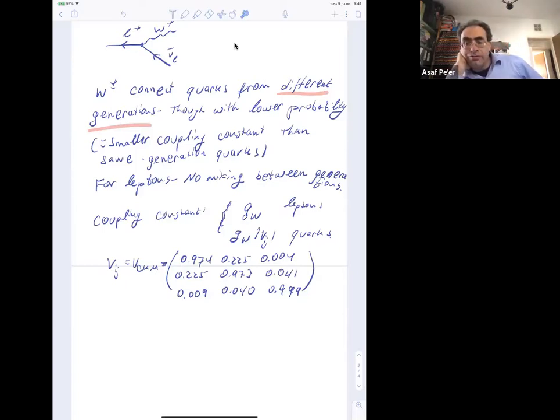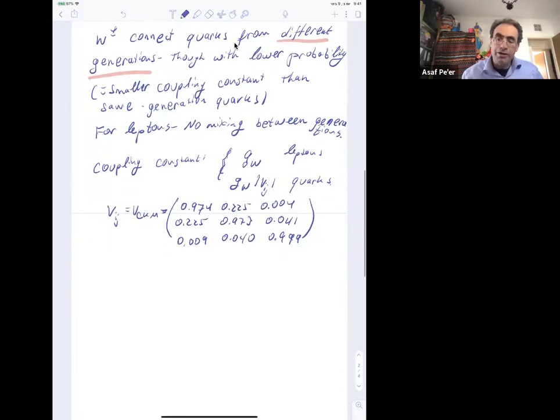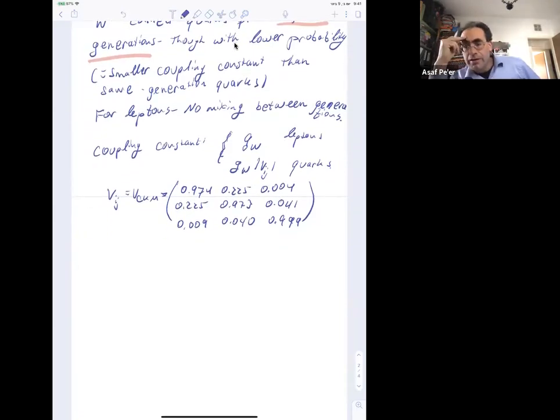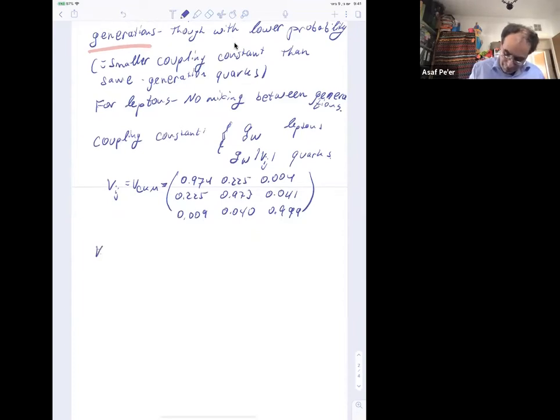Now, this is only true for the charged currents. The vertices that contain the Z0 boson, the neutral current, conserve the flavors. We don't see in nature anything that makes transitions between different flavors with the Z0 boson. So vertices that contain a Z0 boson conserve flavor.